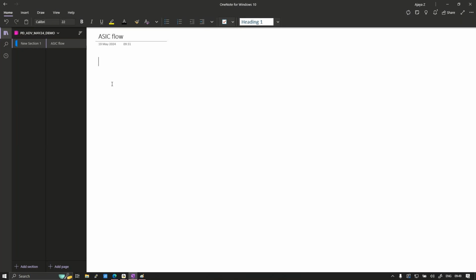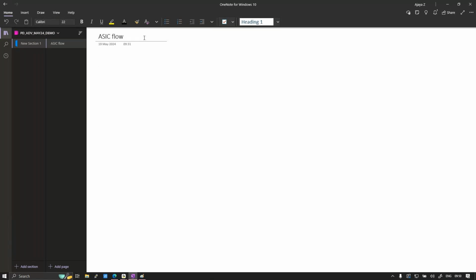It is a notebook where you can create multiple sections, headers and multiple notes, such that you can easily filter what purpose a particular note is used for. Now let's take an example.